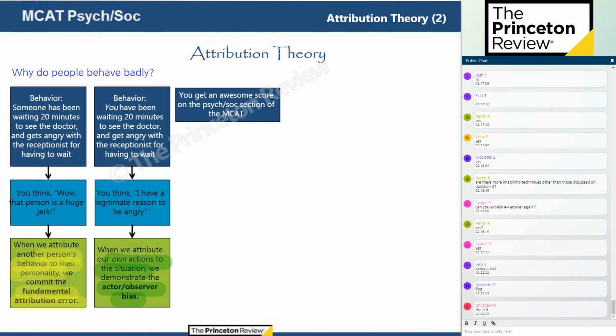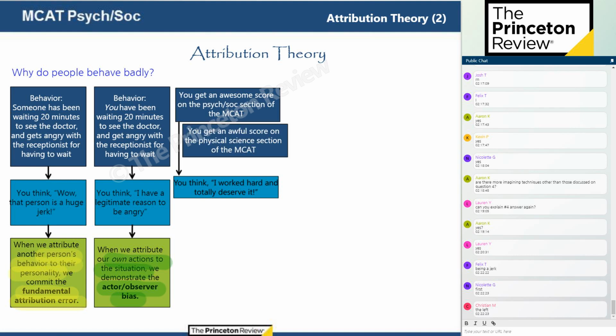All right. So you get an awesome score, and of course you will, on the psych portion of the MCAT, and you think, I worked so hard for that, I totally deserve it. Or you get a really bad score on the physical science portion, and you say, well, of course I did, because my physics teacher didn't teach me a thing.